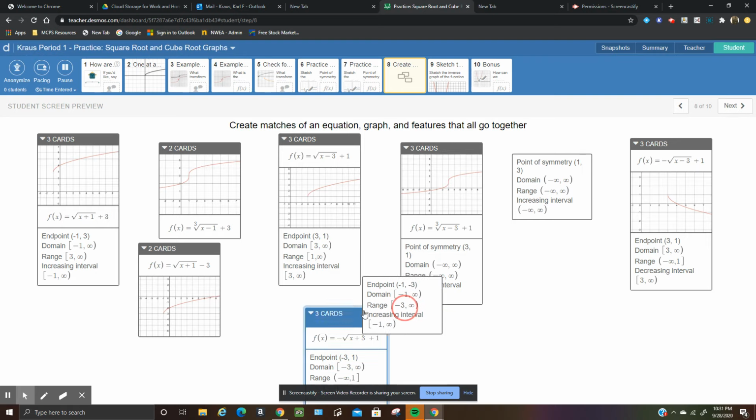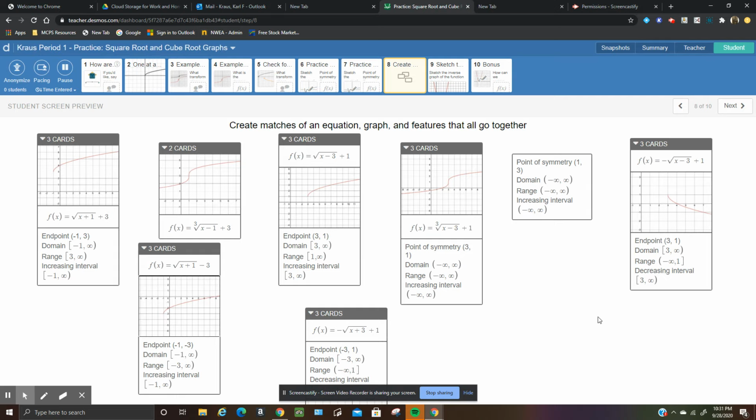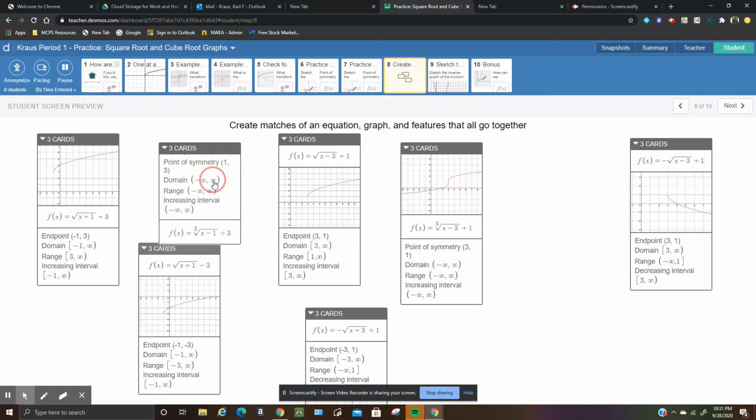This goes here. And point of symmetry 1, 3. That goes over here.